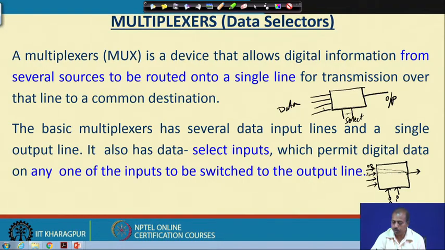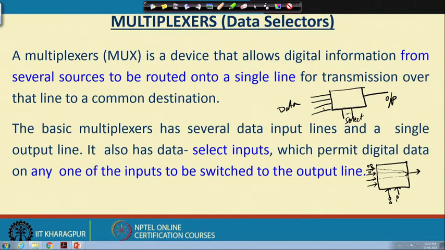This one corresponds to the pattern 0 1, this is for 1 0 and this is for 1 1. Depending upon the select line combination, one of these inputs will be routed to the output. This is very useful in many circuit design problems. You will see that multiplexers make it very simple to realize functions, and they will be used in designing many systems.